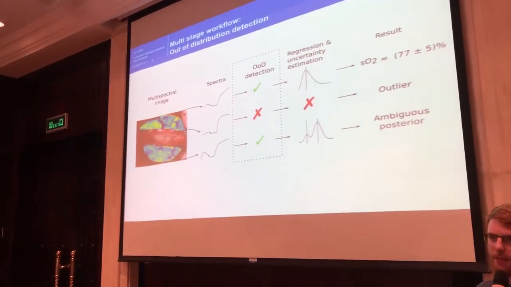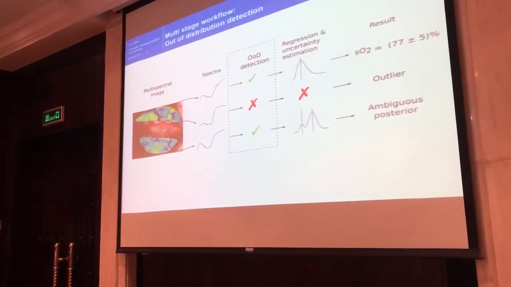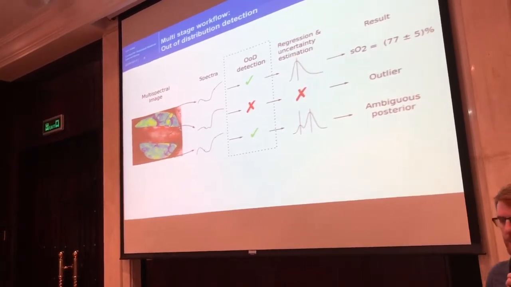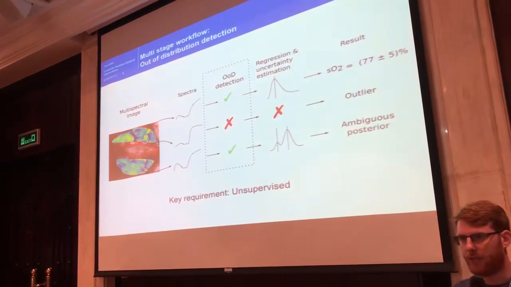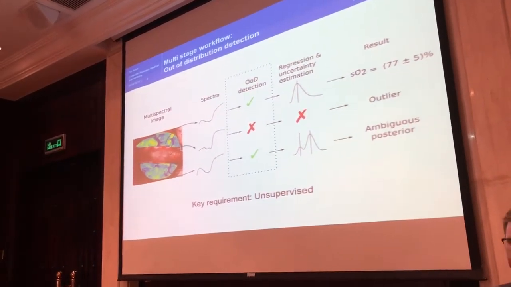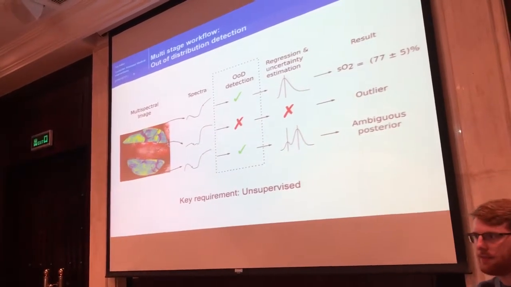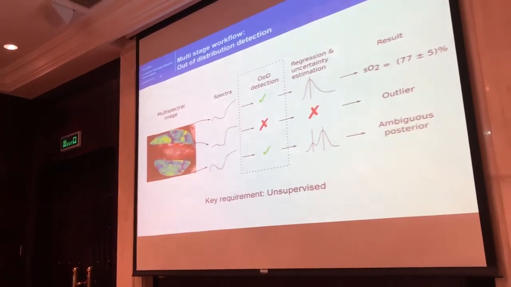One key requirement, in our opinion, for these out-of-distribution detection algorithms must always be that they are unsupervised. Because we have a very good idea of how our inliers look, but we have basically no idea how the outliers might look in the wild, because that distribution is just such a big range.